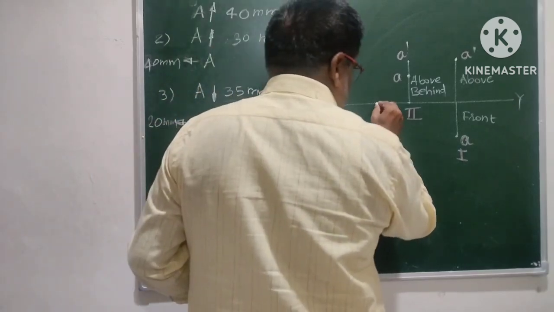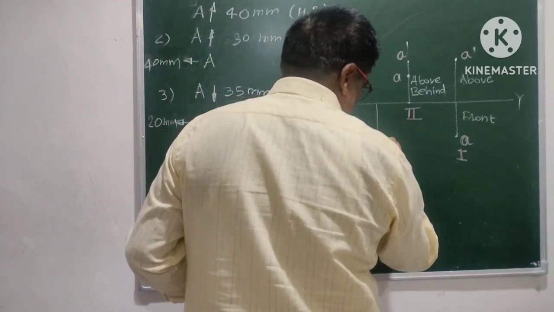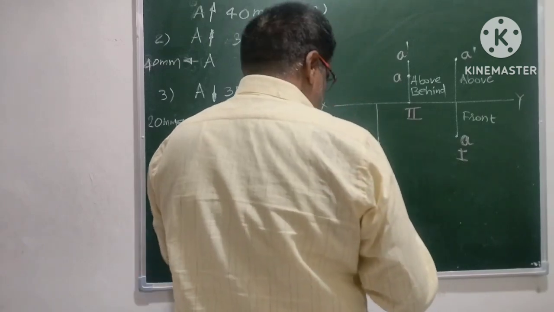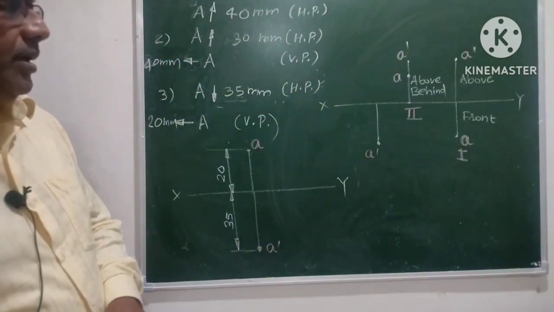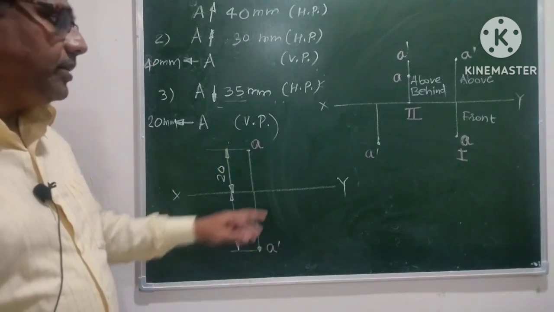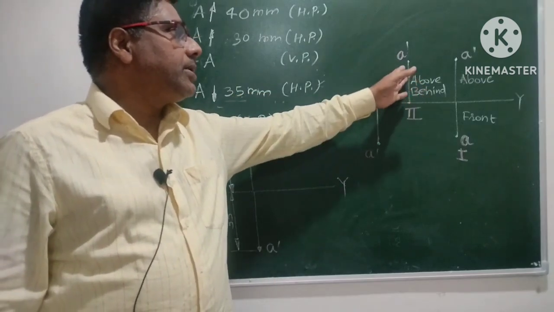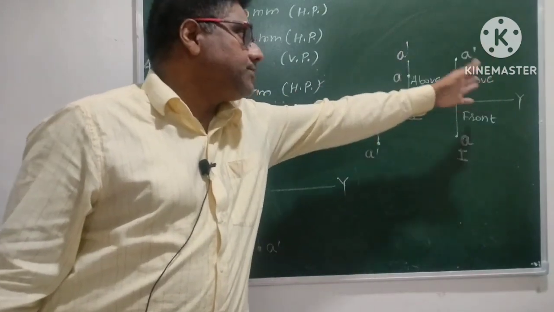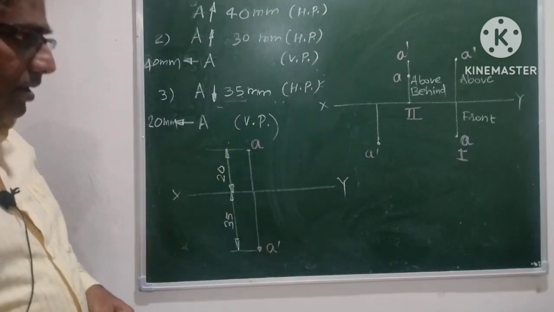Therefore, it's very easy to draw the front view, A dash. In earlier two cases, first and second quadrant, we were getting front view above XY. In third quadrant, we get this front view below XY.